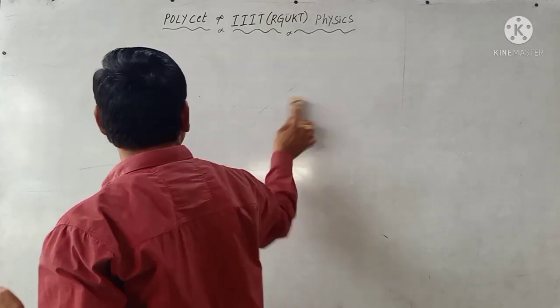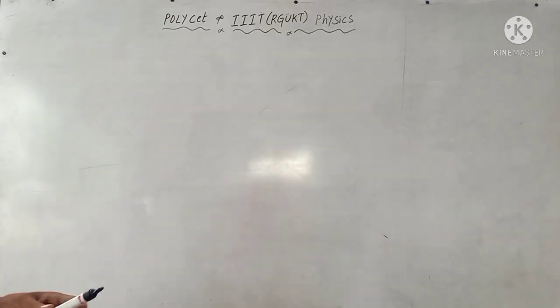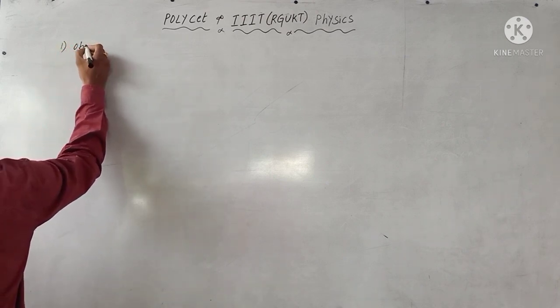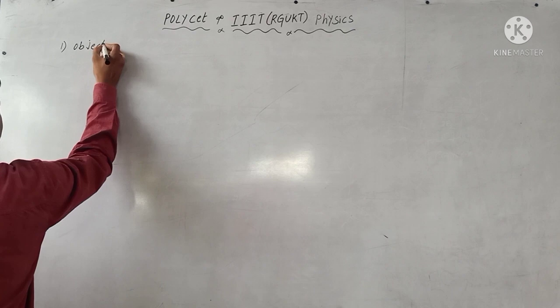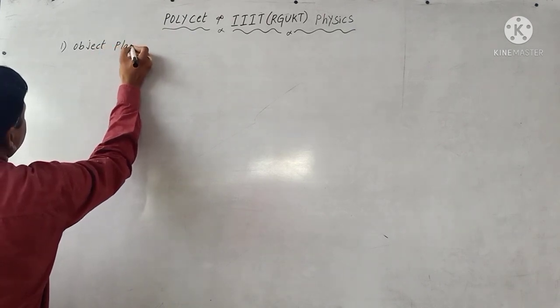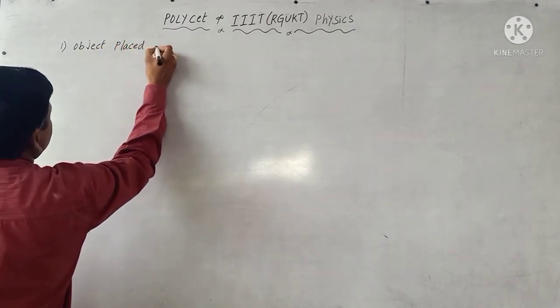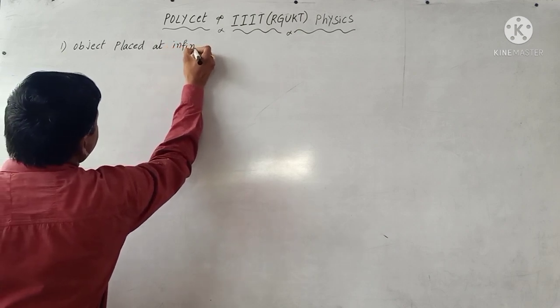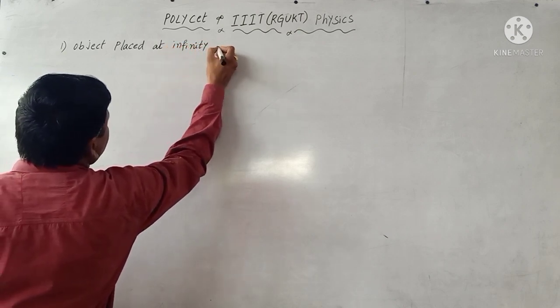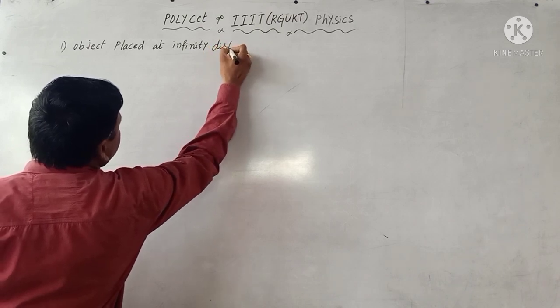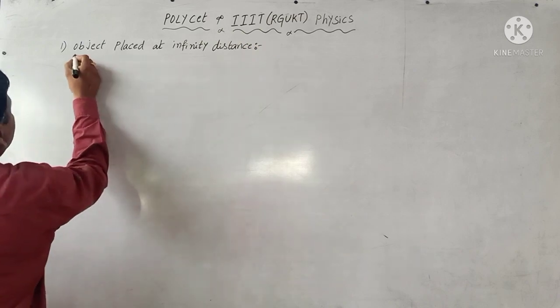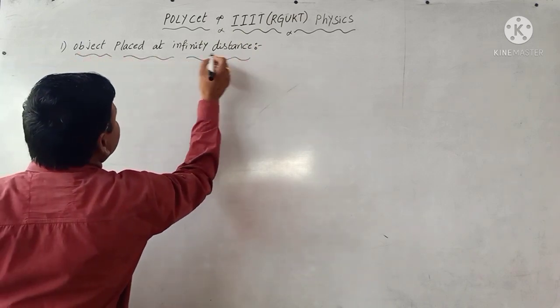Now we draw the ray diagrams. First one: object placed at infinity distance.